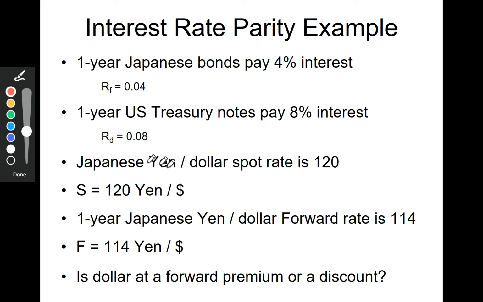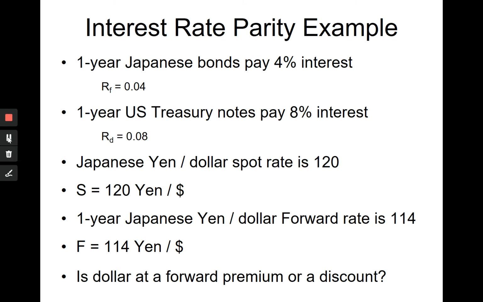This is given as Japanese yen per US dollar. Because it's for $1, then we know that dollar is domestic. So this R D that I wrote here wasn't something that I did because I was American, but it was something that I got from this equation.